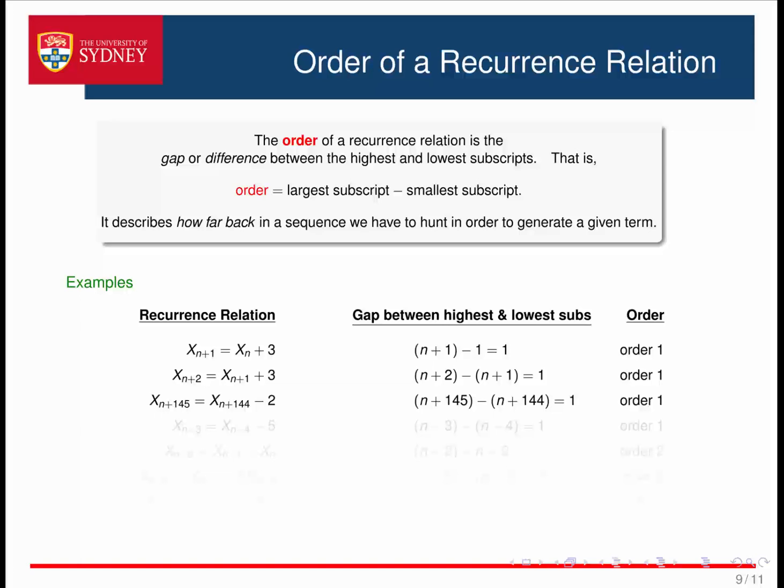The one distinguishing feature of all order 1 recurrence relations is that we use only the previous term to calculate the current term. For this example, the largest subscript is n minus 3. The smallest subscript is n minus 4. Thus the order is n minus 3 minus n minus 4, which simplifies to 1. Thus this recurrence relation is also first order.